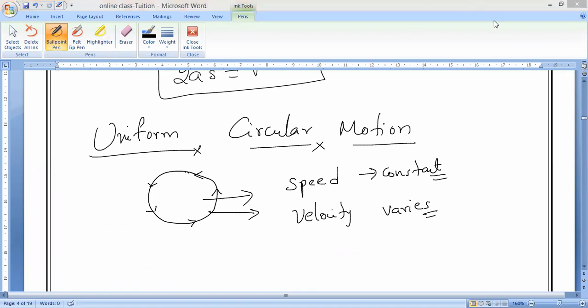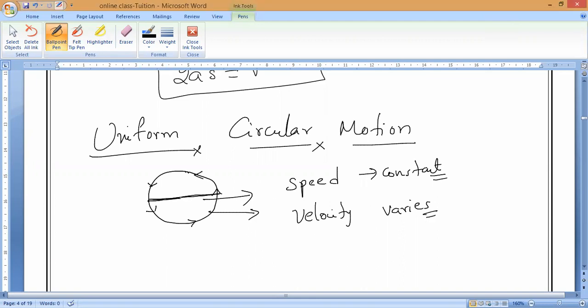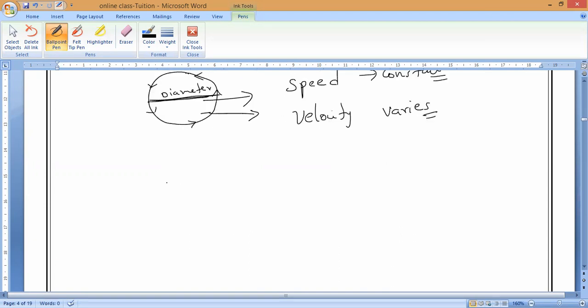So always, as we know, when the body is moving in a circular motion, the circle has a diameter. All of you please remember. Whenever they ask you to find something, listen carefully. Diameter is equal to double the radius, 2R.